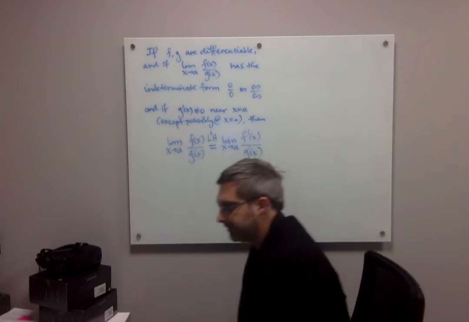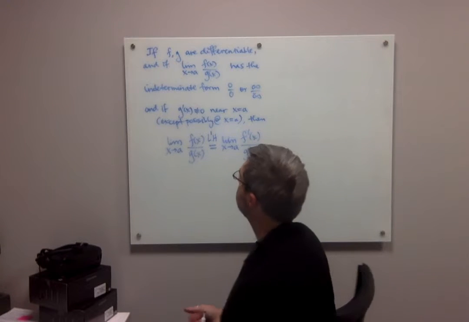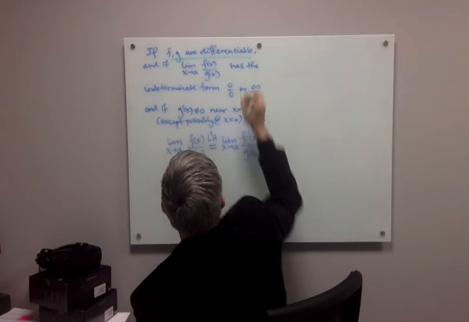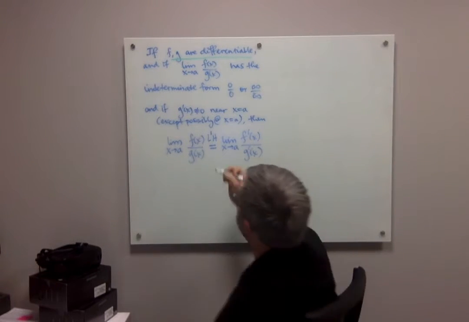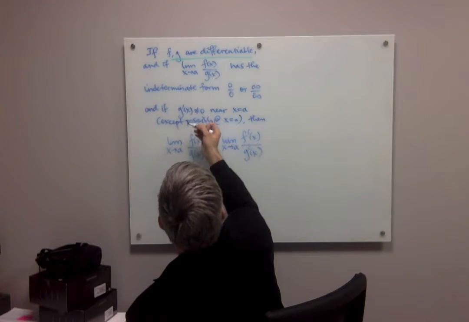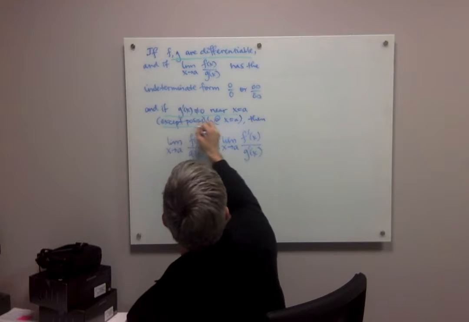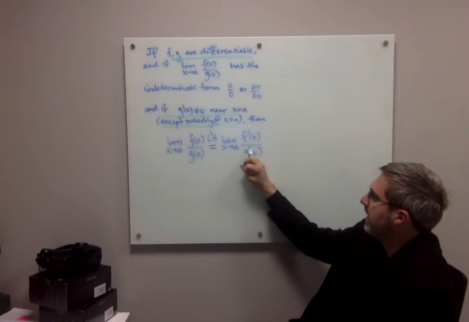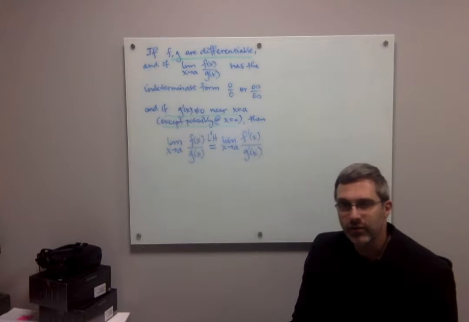All right, now most of the time, you can see why we need this condition of differentiability because we're trying to take derivatives, so the functions need to be differentiable. This condition, most of the time you don't have to worry about it because what it's saying is we just need to be able to have this function in the denominator when we're taking the limit.